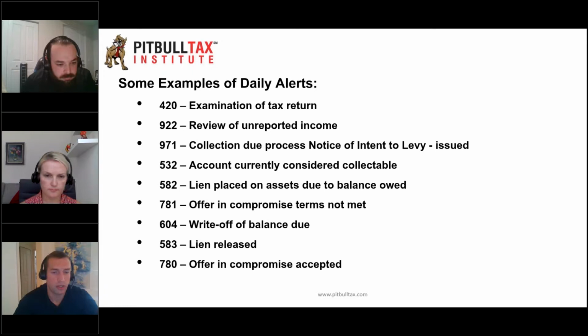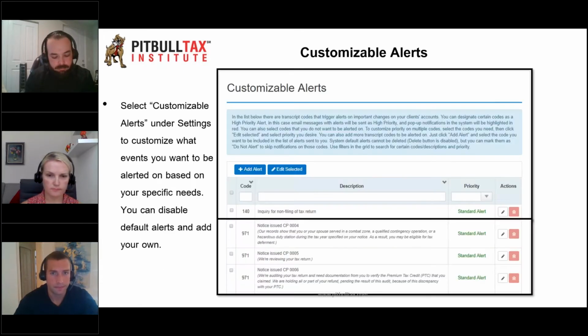So when any of these changes come up in your client's transcripts, it'll give you that code that you see on the left, and then you'll know that your client is going to receive one of these notices within the next 2 weeks. Also, full bankruptcy discharge is another example.